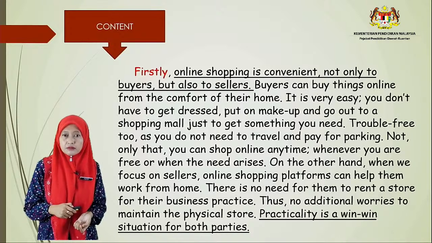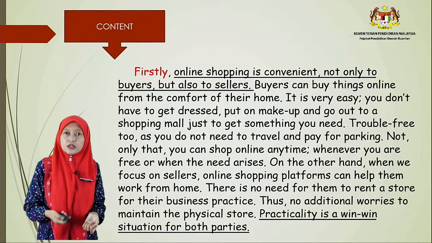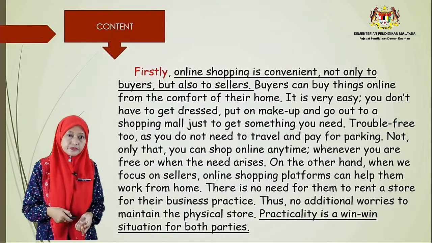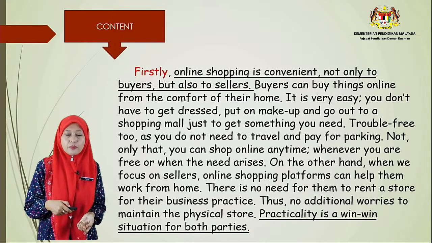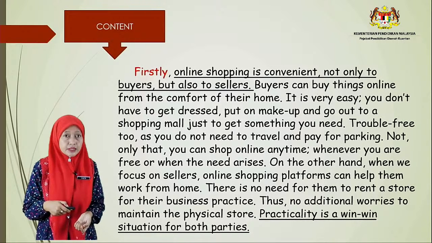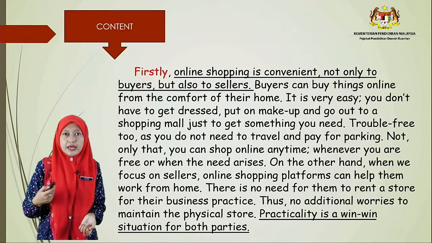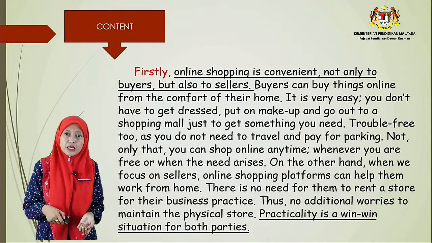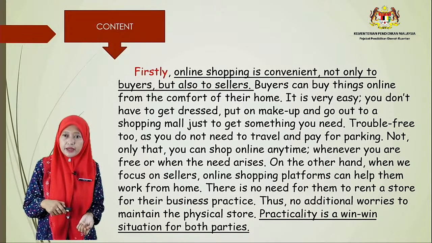After telling it to the reader, you need to elaborate. You need to explain more. Why is it convenient? Buyers can buy things online from the comfort of their home. See, that is very convenient, right? You stay at home and you still can shop. It is very easy. See, I use a semicolon there.